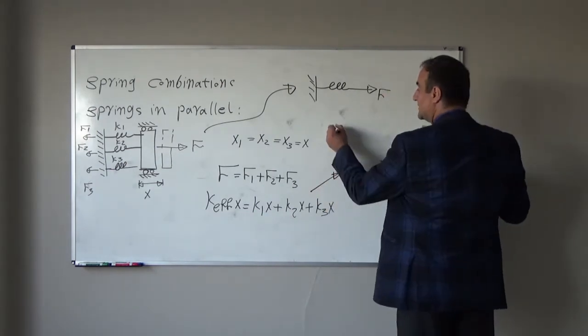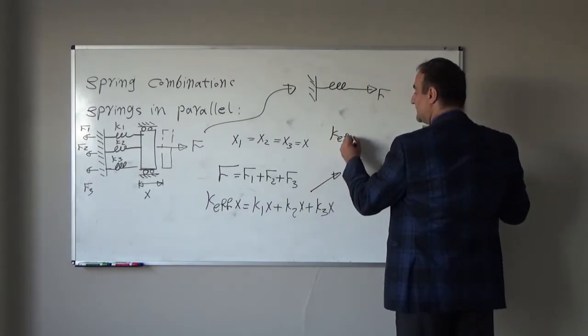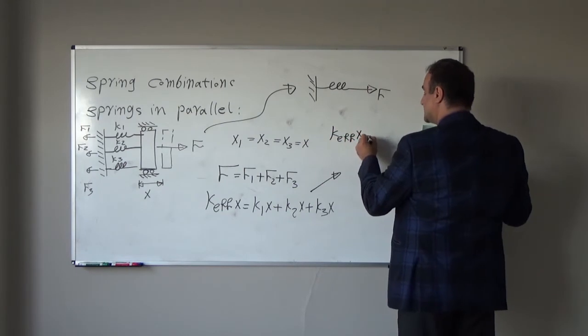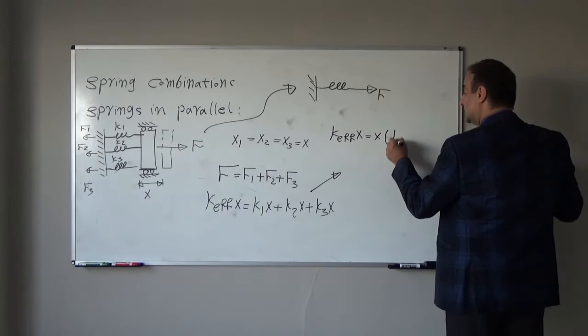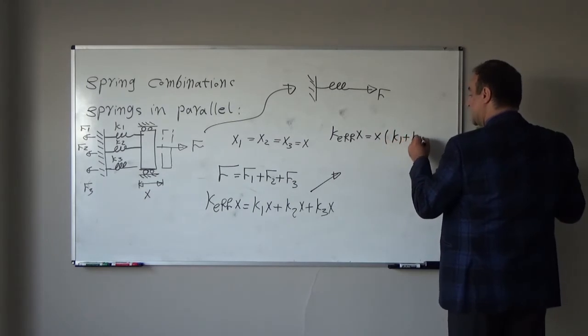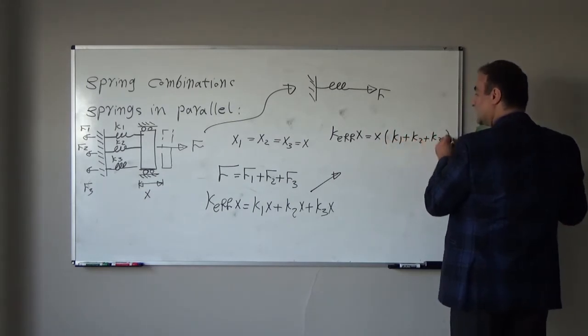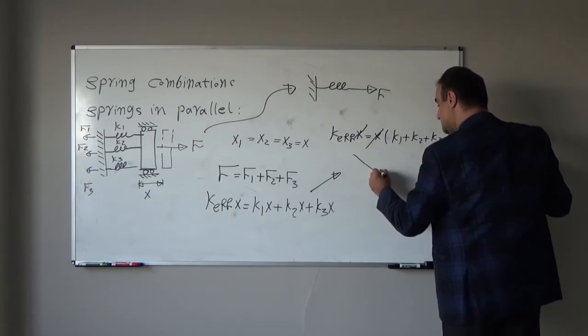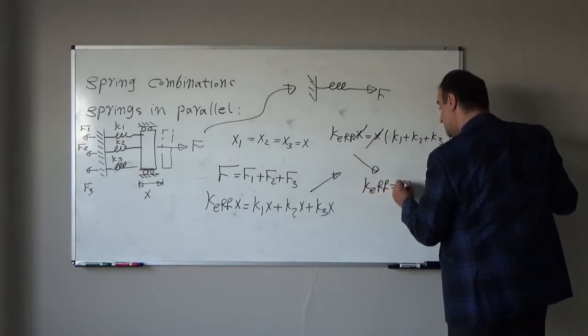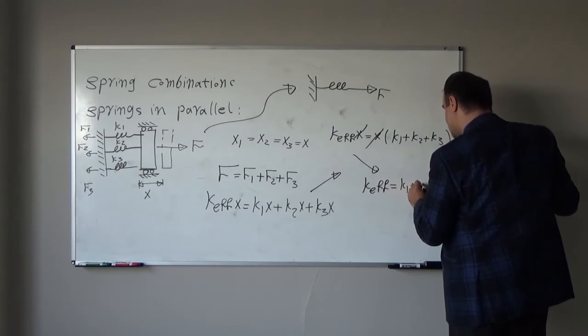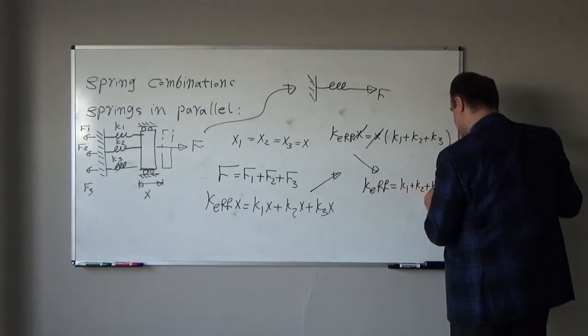From here, if I factor out X, K effective times X is equal to X times (K1 plus K2 plus K3). X and X cancel each other from both sides. K effective will be K1 plus K2 plus K3.